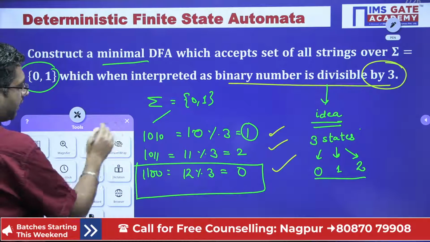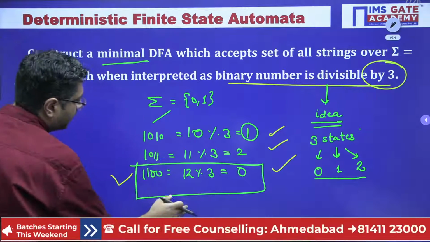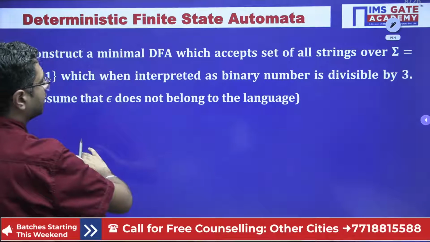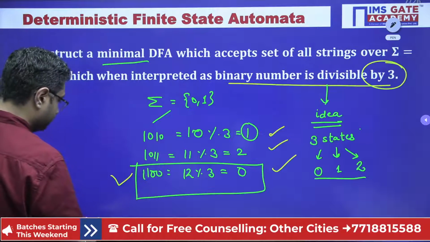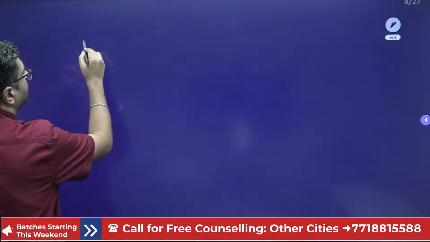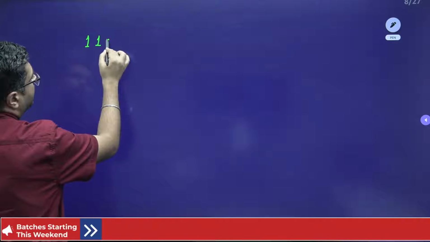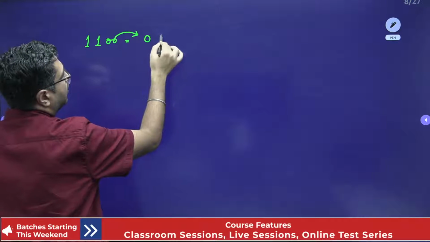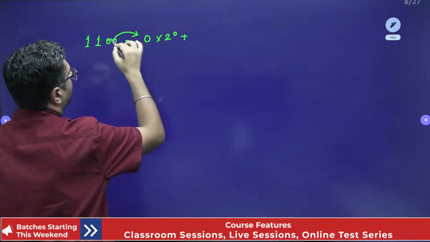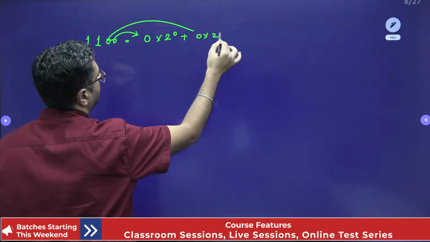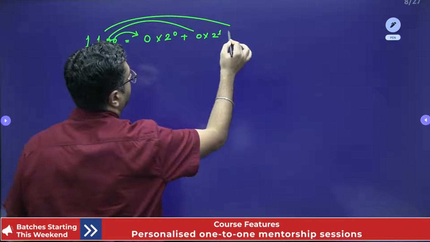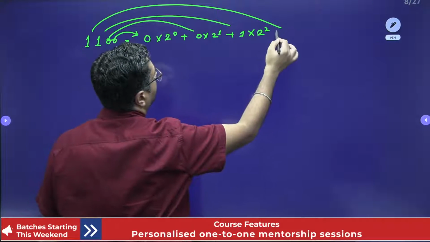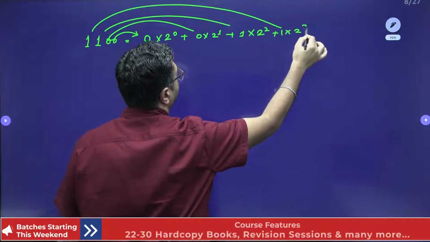So before I give you the timer, just to make this point clear, how do you interpret a binary number? For example, 1100. One of the ways of representing this is 0 multiplied by 2 raised to power 0, 0 multiplied by 2 raised to power 1, 1 multiplied by 2 raised to power 2, and then 1 multiplied by 2 raised to power 3.